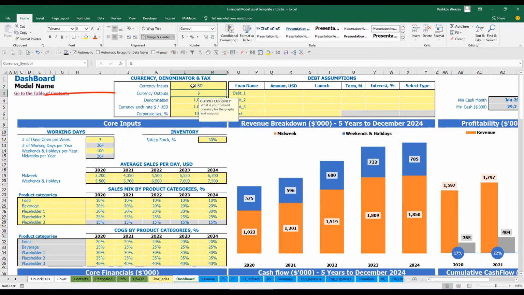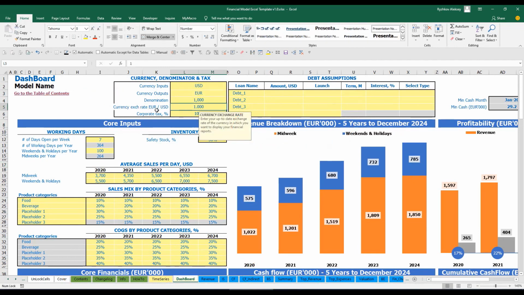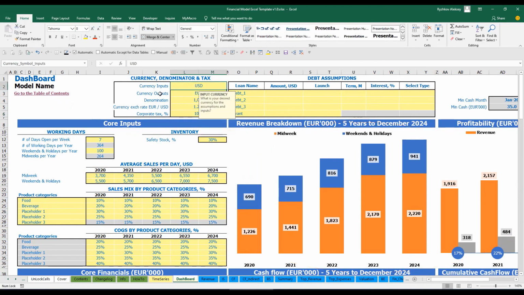When you input in United States dollars, you have euro as outputs, and for this case you can set up currency exchange rate. This is 1.2 for example. In this case you will have in the model all your inputs in United States dollars, all your outputs in euros, and there will be conversion rate between currency inputs and currency outputs.